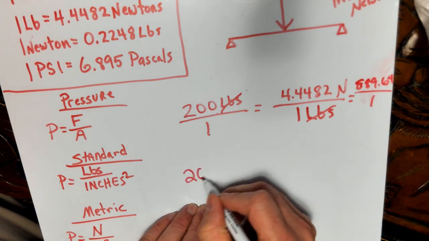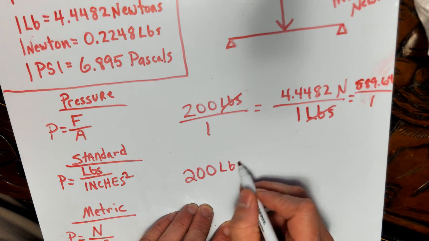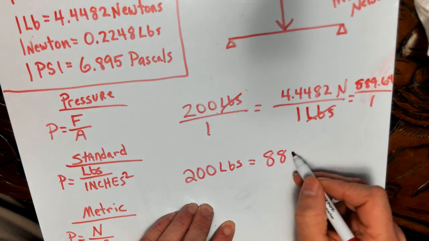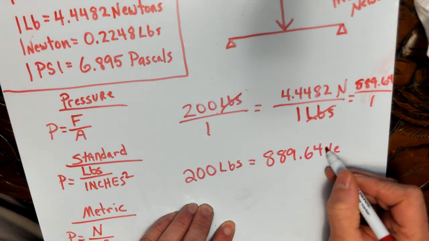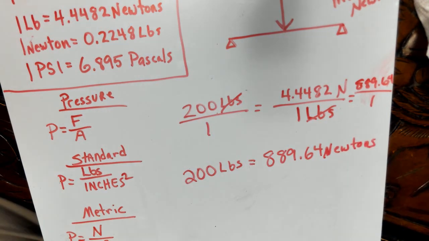So 200 pounds is equivalent to 889.64 newtons. Okay? That's how it works. Not bad, is it? Not bad at all.